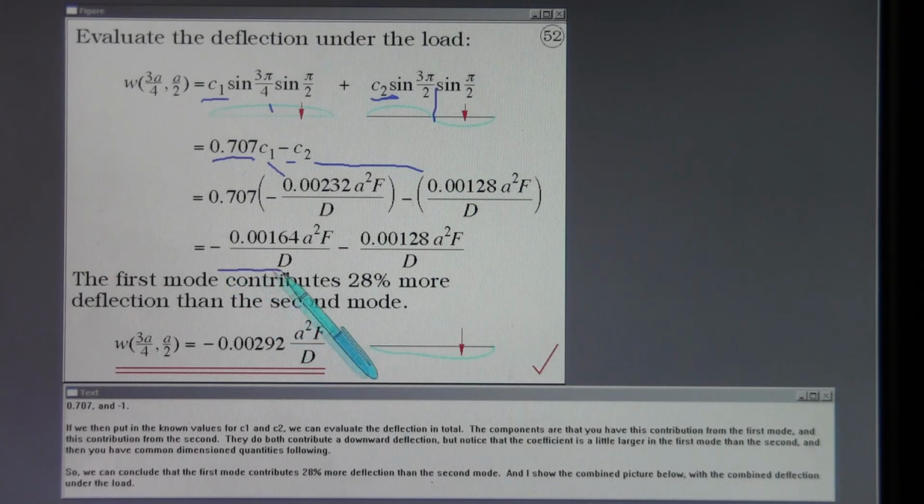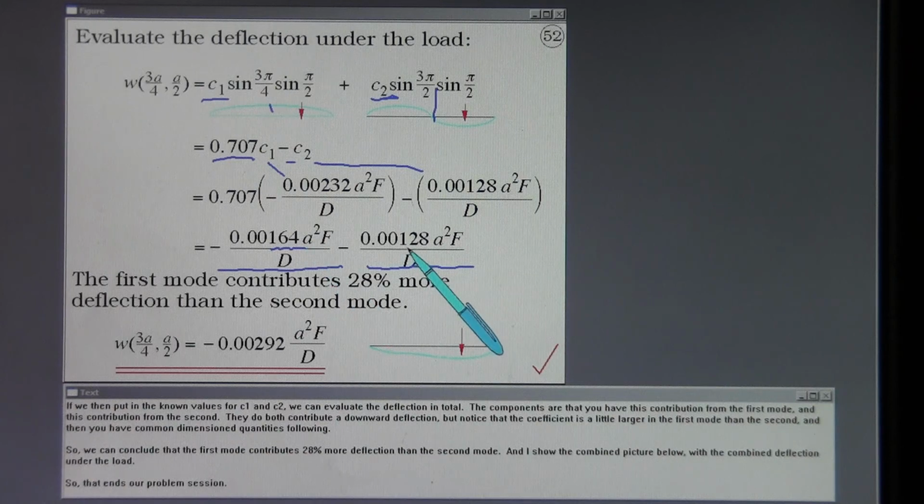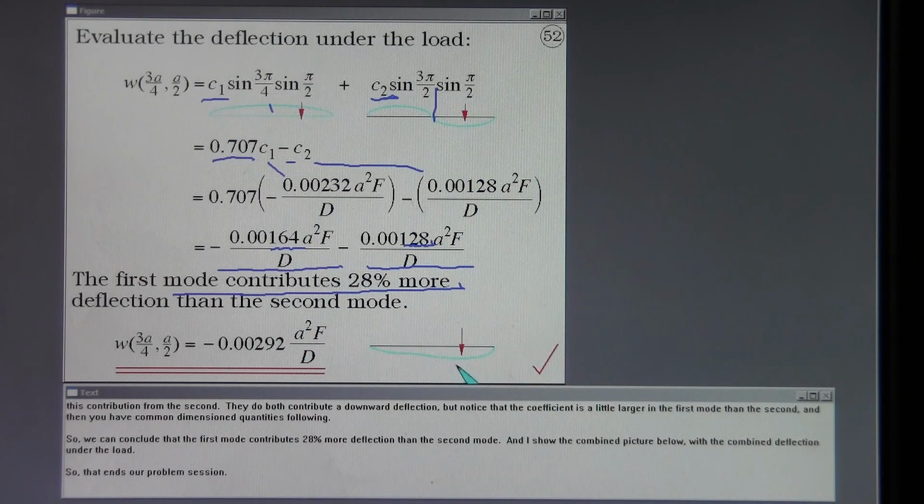The components are that you have this contribution from the first mode and this contribution from the second. They do both contribute a downward deflection, but notice that the coefficient is a little larger in the first mode than the second, and then you have common dimension quantities following. So we can conclude that the first mode contributes 28% more deflection than the second mode. And I show the combined picture below with the combined deflection under the load.